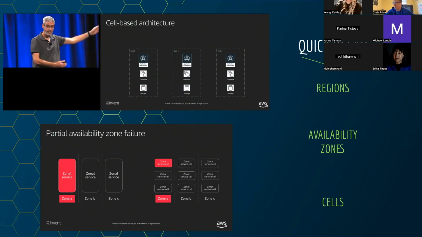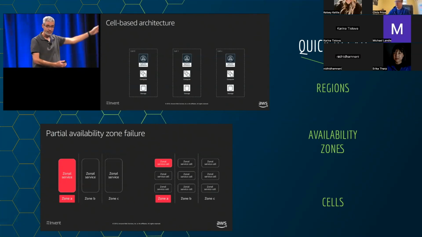A cell, for the purposes of this talk, is just an isolated deployment of your application that can serve requests independently from other cells of your application, so that if you have what Peter calls a black swan event or a poison pill event, and you get an unexpected type of request into your system that causes a bug or overloads some part of your infrastructure, it may cause an outage in that cell, but that will only impact the customers that you have in that cell, and the other cells that you've created will be unaffected.